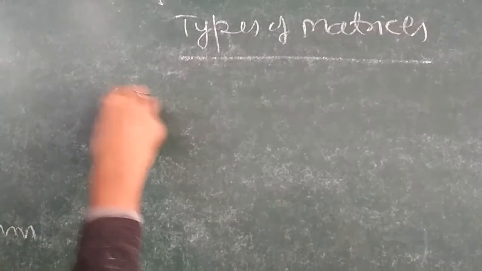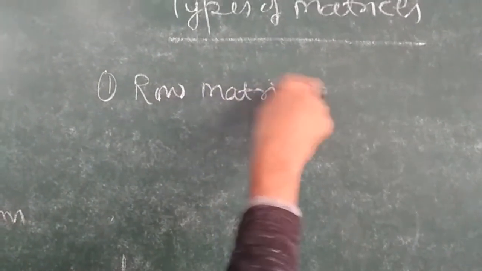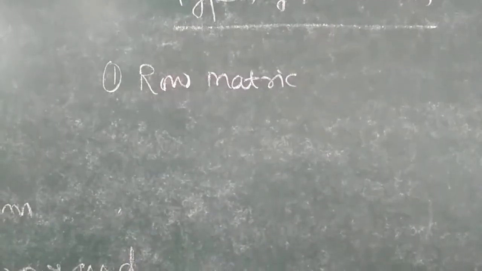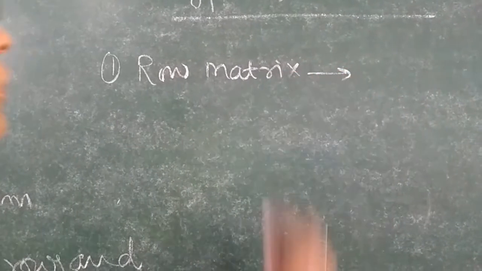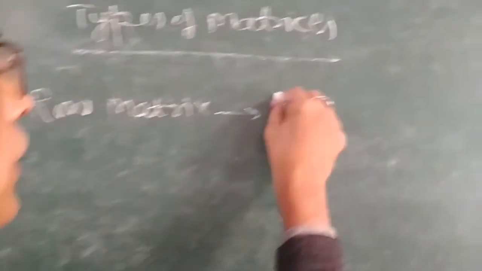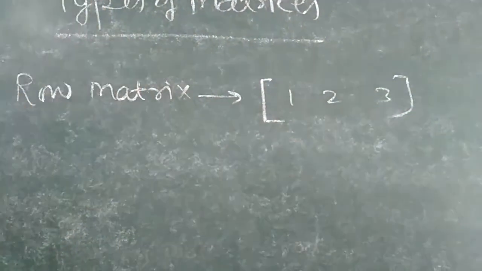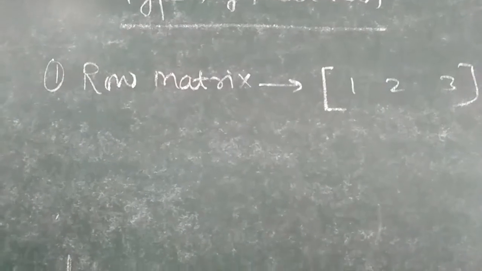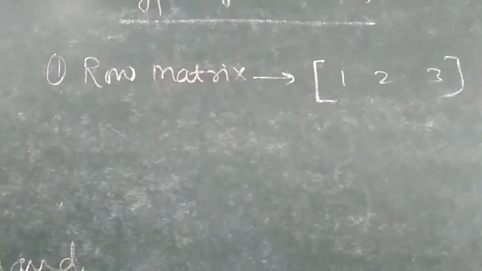First one is row matrix. Row matrix means containing only one row. So you could write 1, 2, 3. This is a row matrix. You see there are 4 columns but 1 row. So it is characterized as the row matrix.